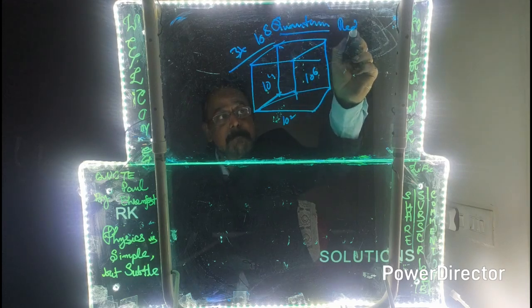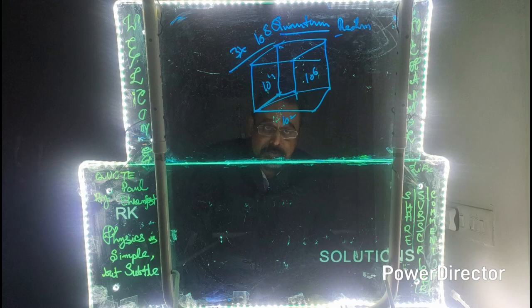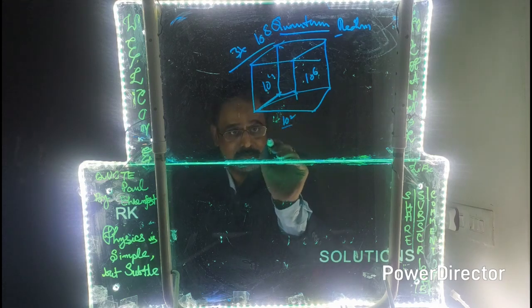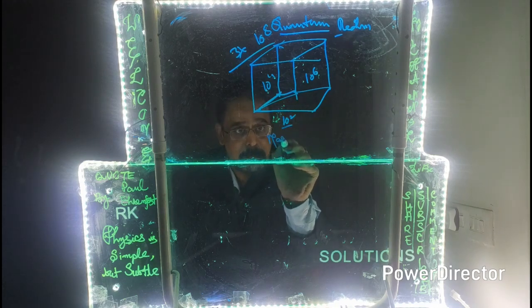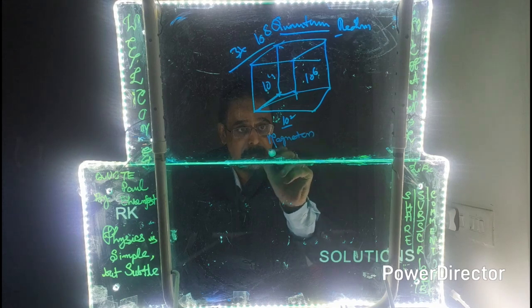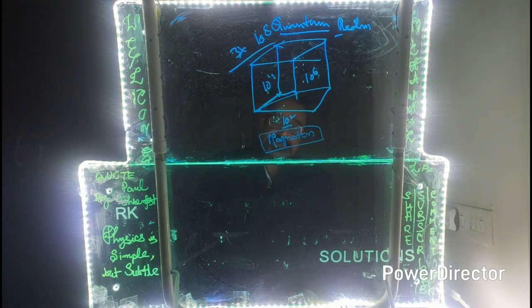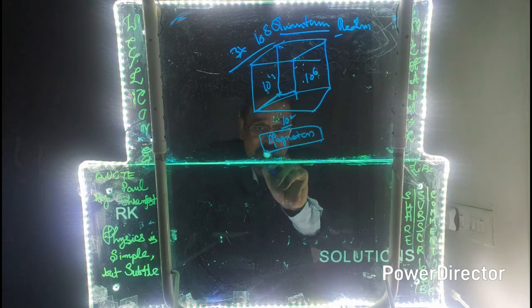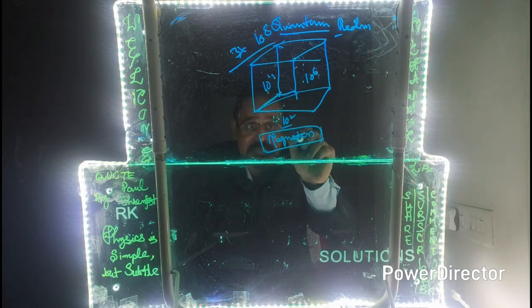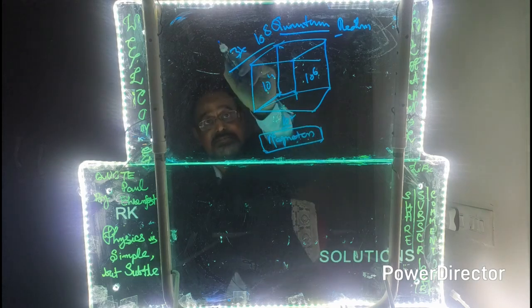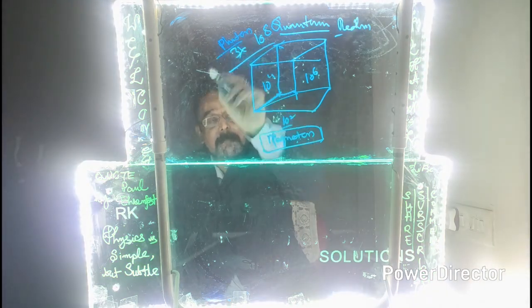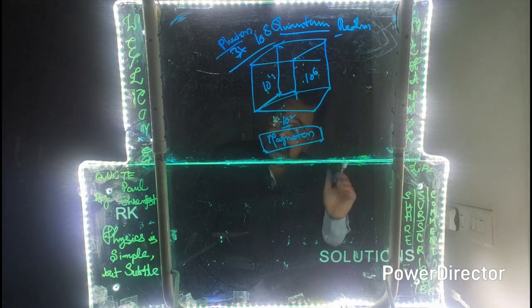However, if you want to call this guy magneton, because that is the force carrier for magnetism, and compare and unify it with photon, then 3 into 10 raised to 8 particles is the photon's corresponding force carrier.